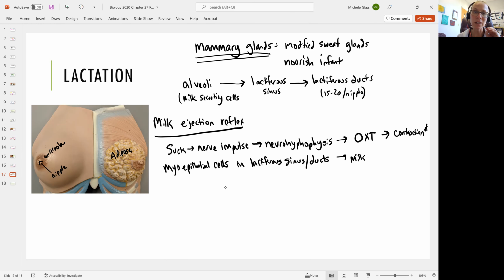So as long as the infant is suckling, milk is going to be released. Infant suckles, milk is released. Infant suckles, milk is released, and so on, until the infant is satiated and lets go.